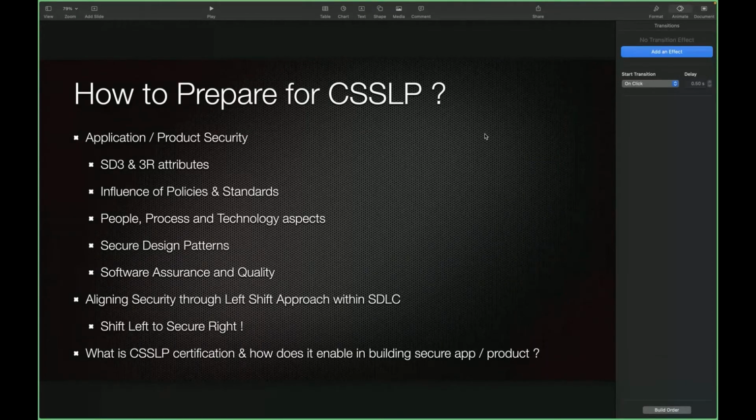Even in that case, if the product or application has been designed in such a way that it is resilient enough, then it would be able to withstand and ensure that the product is secure, right?